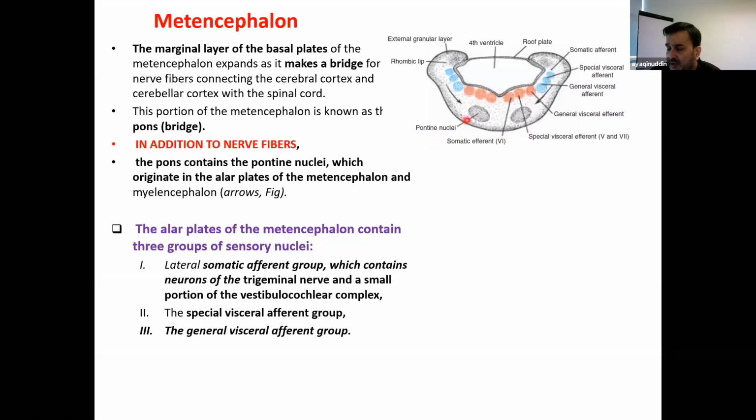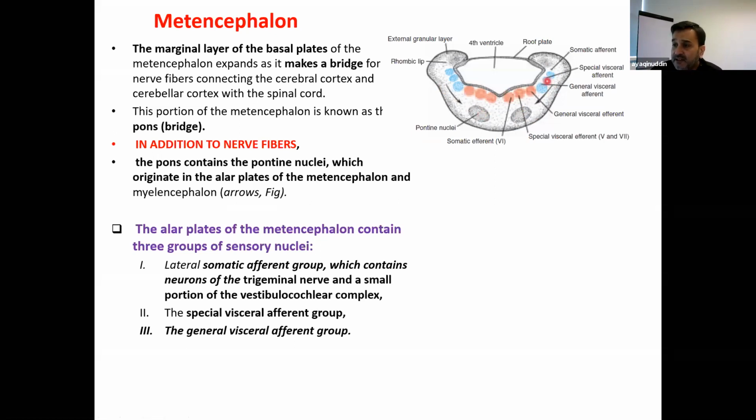The marginal layer in the metencephalon is going to expand, forming the transverse fibers which are crossing the pons ventrally and going to the opposite cerebellar hemisphere. There would be certain cells from the alar plate which are going to migrate into this marginal layer, forming the pontine nuclei.